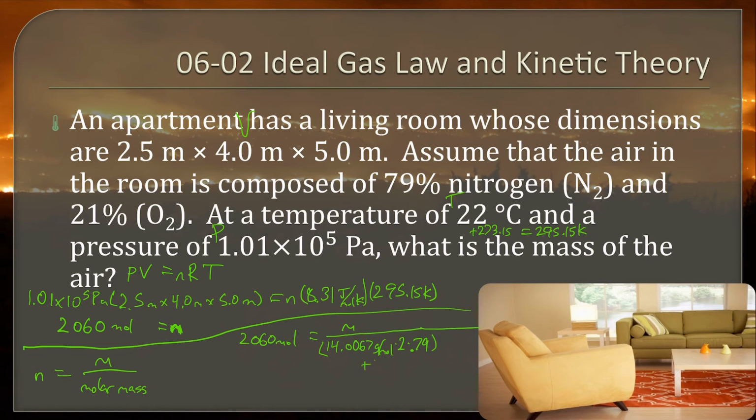And then we have our oxygen. Oxygen, on the periodic table, its mass is 15.9994 grams per mole. But again, there's two of those, and it's 21%.